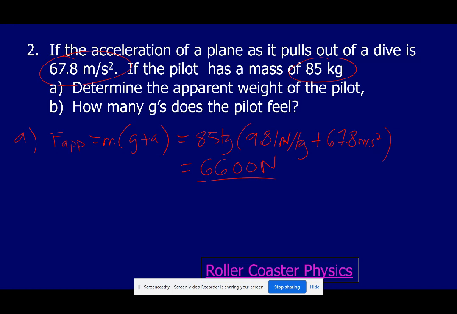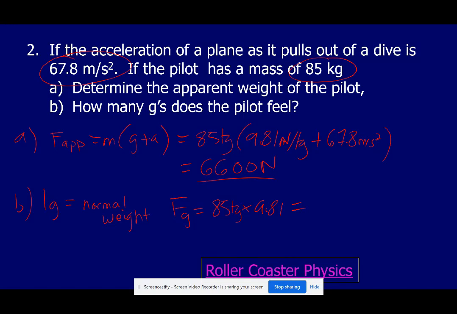Now, as far as the G force goes, 1G would be like your normal weight. Right? 1G is normal weight. So the normal weight is just mass, 85 kilograms, times 9.81. I'm just going to do that real quick for you.